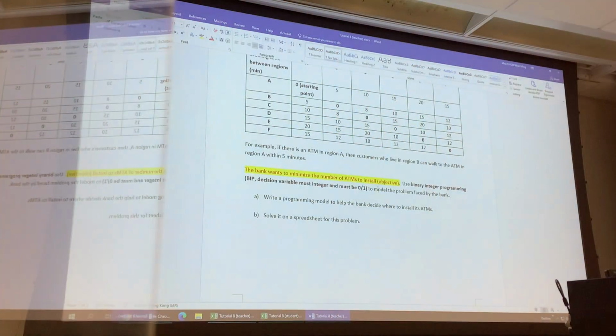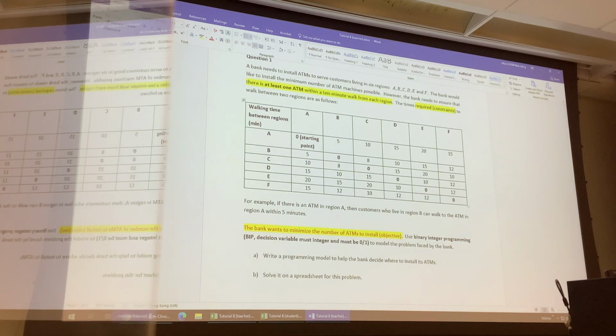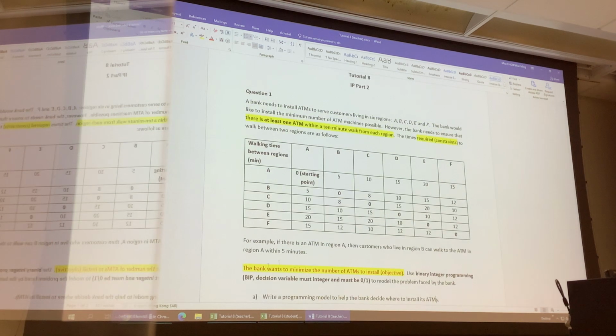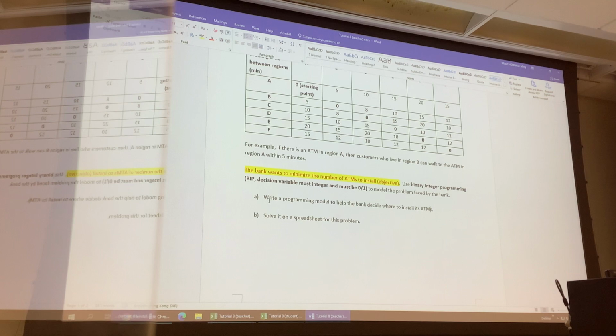To model the problem faced by the bank, in part A we have to write a programming model to help the bank to decide where to install its ATMs. So that is the question background, and let's go to the solution of part A.